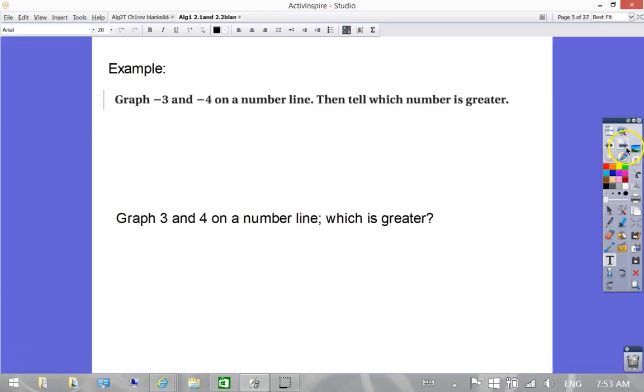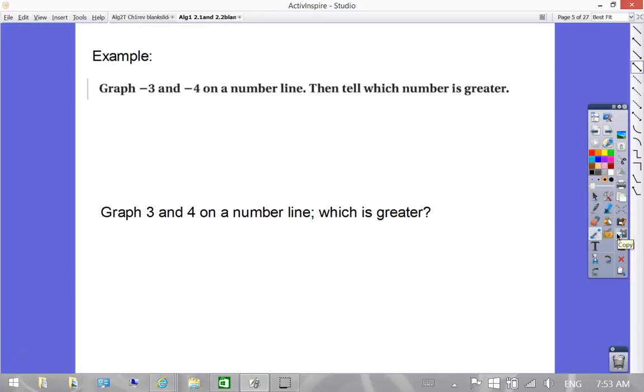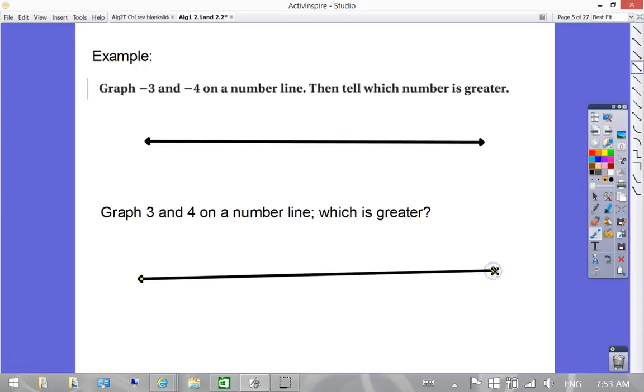Okay, let's see. So we start out by saying we're going to graph some integers on a number line and then tell which number is greater. And I did it for two of them here. I'm going to do it for -3 and -4, and then I'm going to do it for 3 and 4.